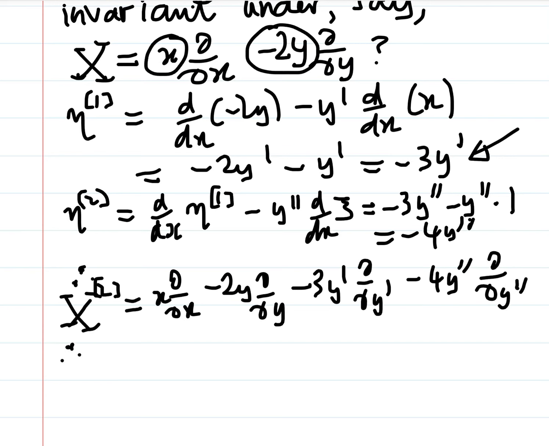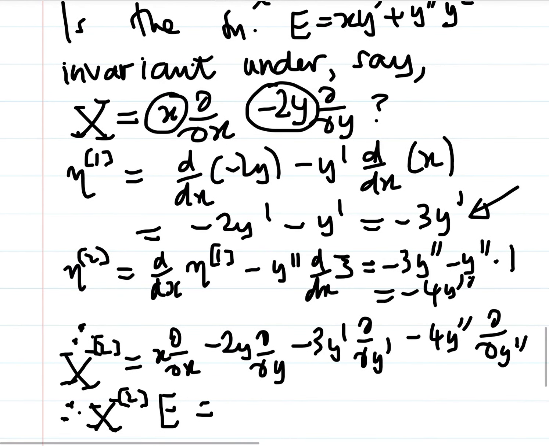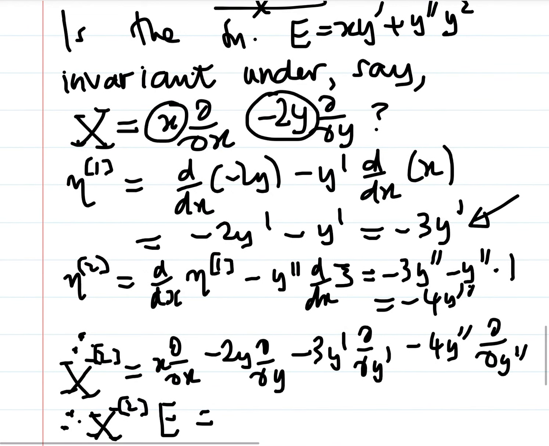And therefore then we apply the operator x2, in terms of partial derivatives, operating on e. And remember, the x2 in this form is a partial derivative operator. So when you differentiate with respect to the variables x, y, y dashed, y double dashed, the rest are treated as constants.